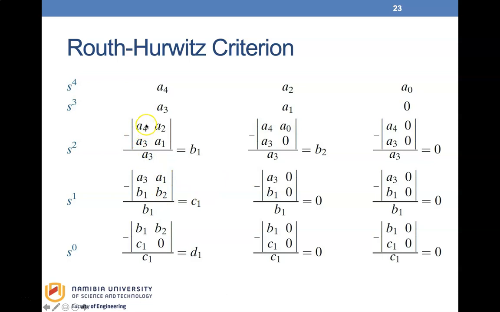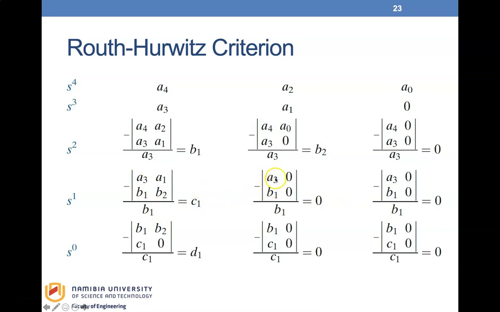So in the first case, you have a3 b1, and then you have a1 b2, and you have your 2 by 2 matrix. So you again divide this by b1, and all through this row you will divide by b1, and this gives you c1.